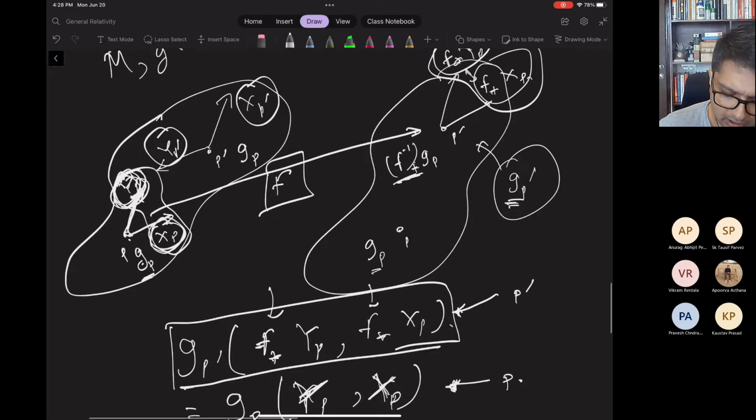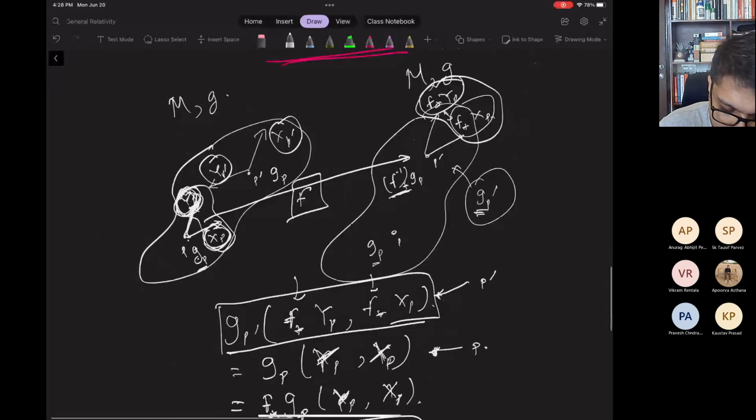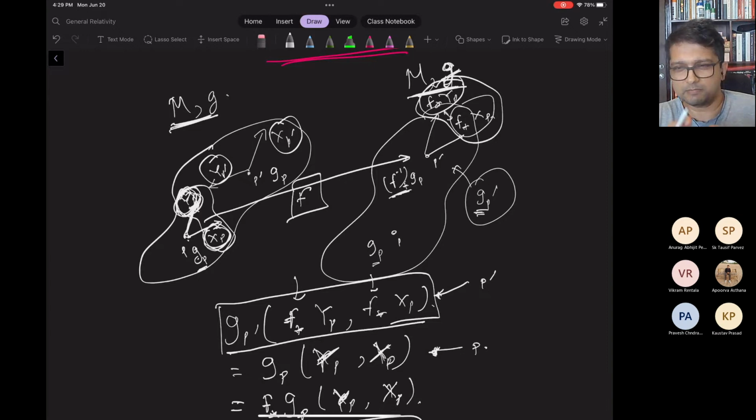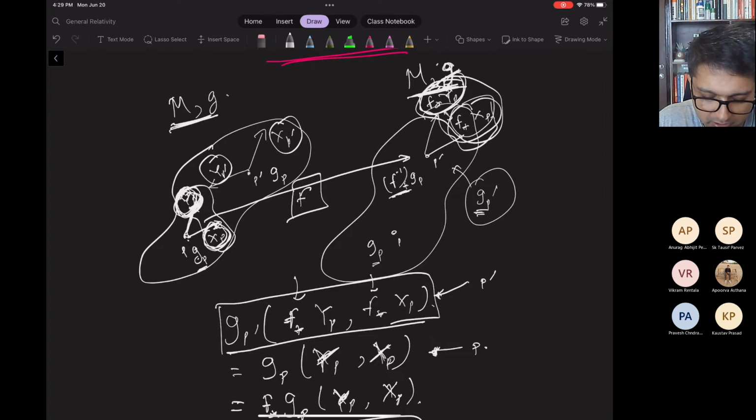The important thing was that when we copied the manifold over, we also copied over the metric. So we took the manifold with the same metric, and even though the vector fields XP and YP moved to these two new vector fields, the copy of the metric preserved the inner product of these two.